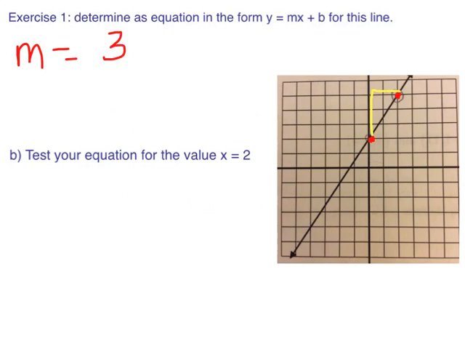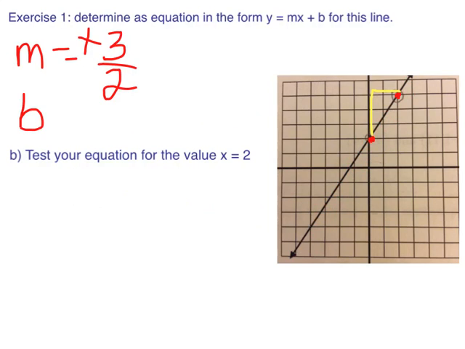So it's 3 over, and I went to the right 2. The only other thing that you really should pay attention to is what kind of slope this is. It's a positive slope, therefore your slope will be positive.